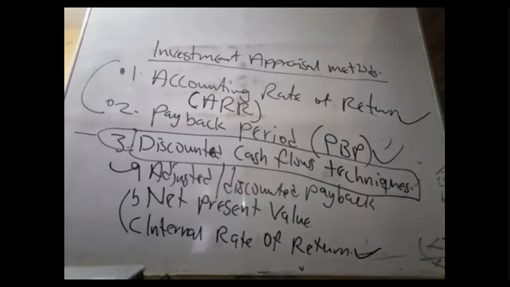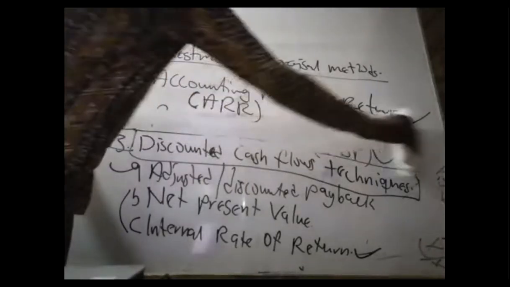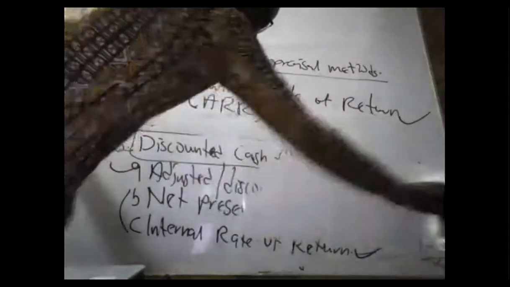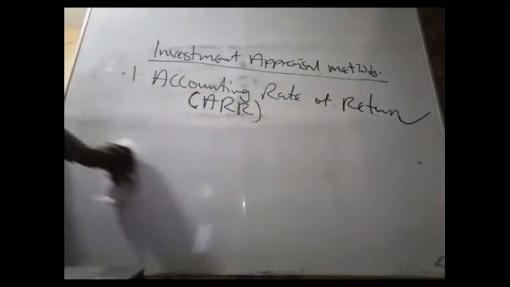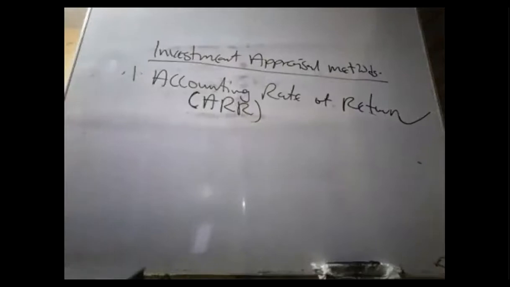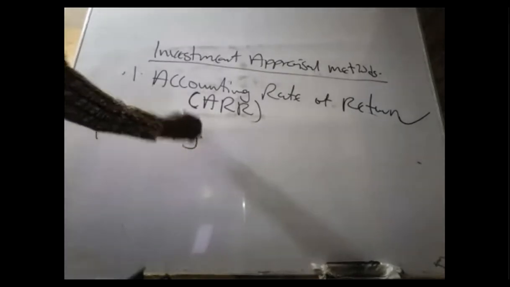Now let's start with accounting rate of return. If you pick any of the methods, please make sure that you know four items about it. Number 1, the principle: know what it talks about, the meaning, because they can ask you to explain.